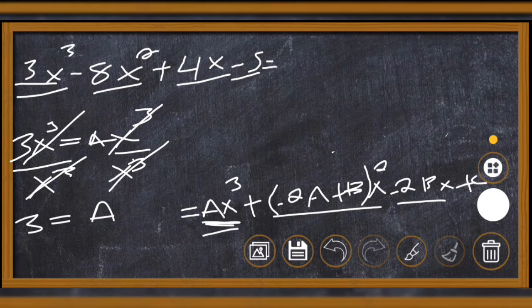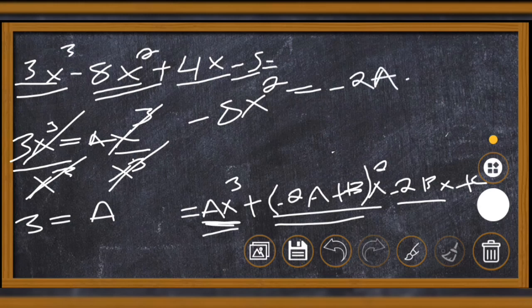Okay, so in this case, let's also find the value of the term which has x power 2. So let's compare them. Here we have negative 8x raised to power 2 equals, in this one, negative 2a plus b, and then this has x raised to power 2 here.